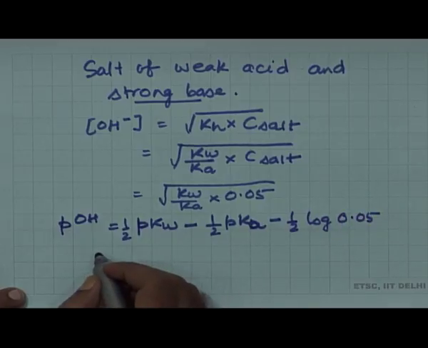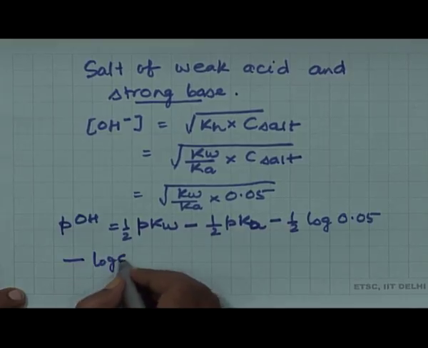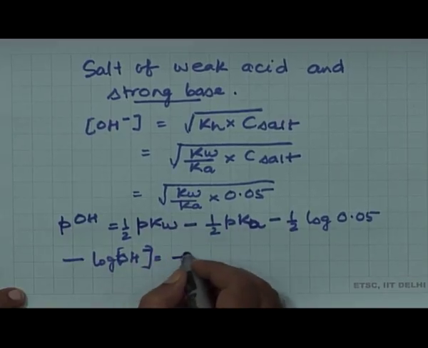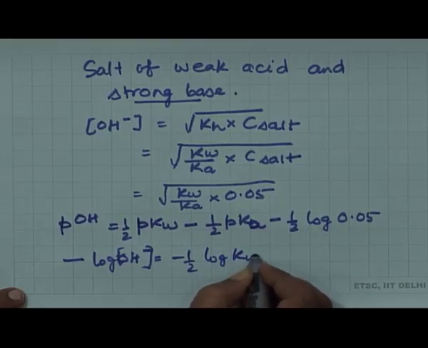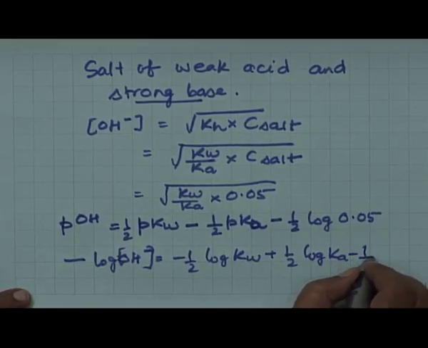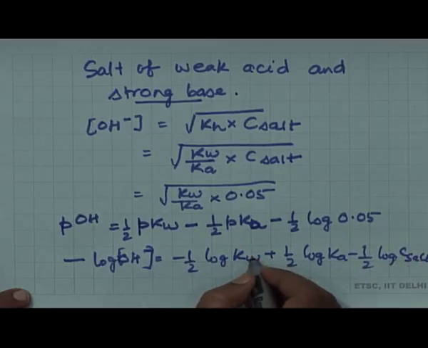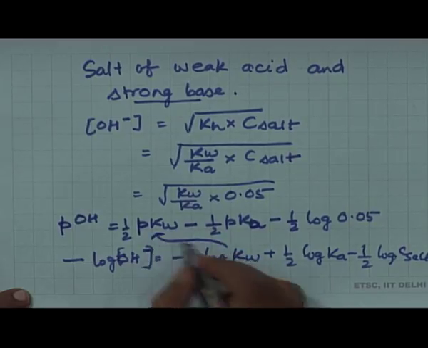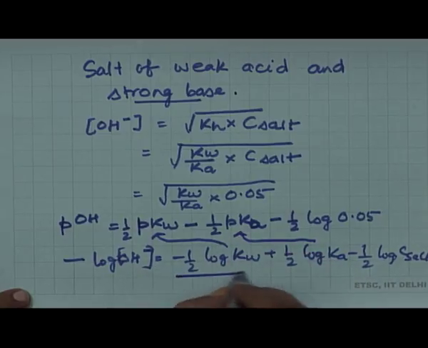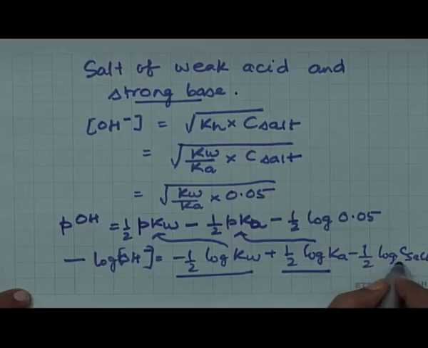This comes from, if I take minus log OH minus ion, this will be equal to minus half log Kw plus half log Ka minus half log C salt, and minus log Kw is equal to pKw, minus log Ka is equal to pKa, and so we have half pKw minus half pKa and minus half log C salt.